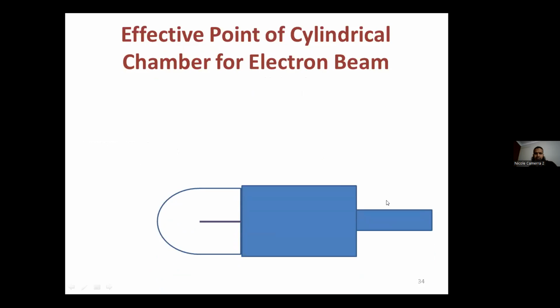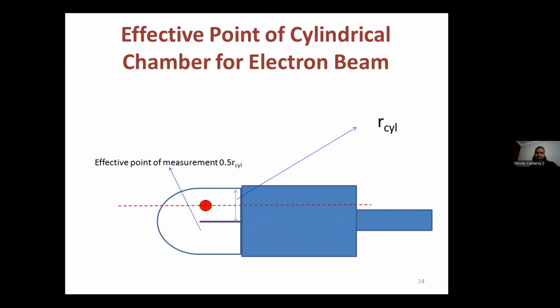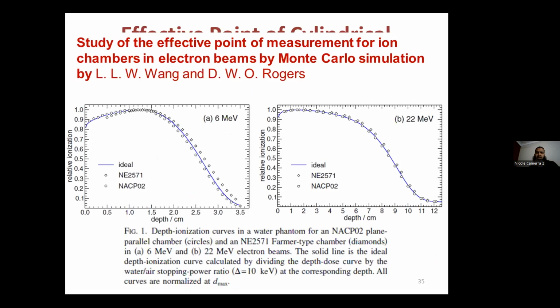So the effective point of measurement for the Farmer chamber I already discussed. There is a slight difference here for the cylindrical chamber for electrons and photons. We just discussed that the effective point of measurement for photons is 0.6 of the cavity radius, but for electrons 0.5 of the cavity radius. And there is a study of the effective point of measurement in an ion chamber in an electron beam by Monte Carlo simulation by Rogers and Wong.